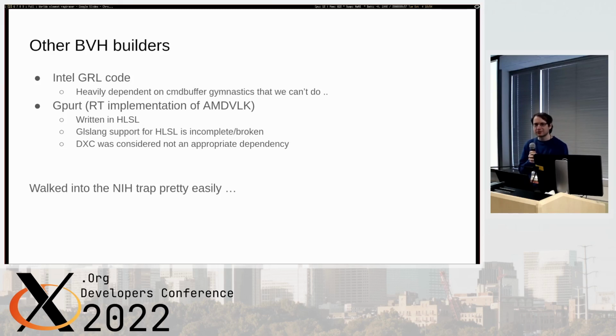If you're going to rewrite this, then people don't actually know the thing they're working on, so they need to build that. We might as well do something ourselves. I feel we walked into the not-invented-here trap very, very easily here. Then again, I don't see any great other way at this point.